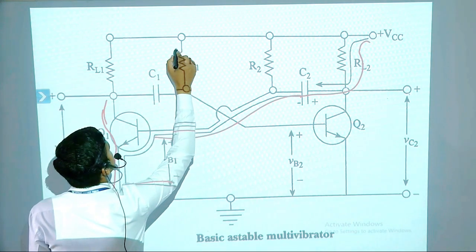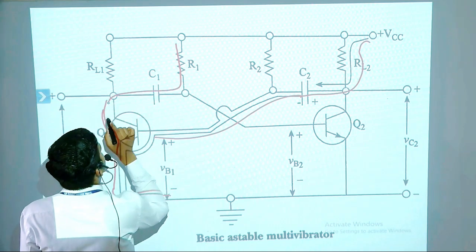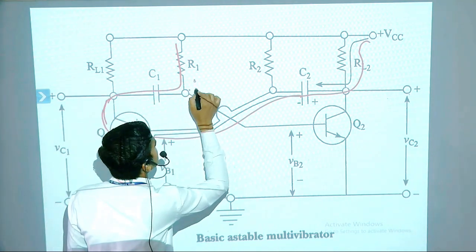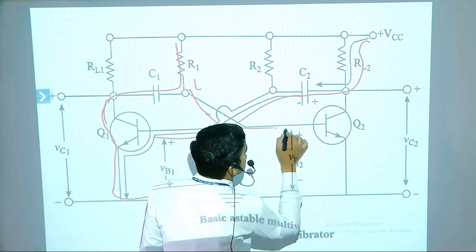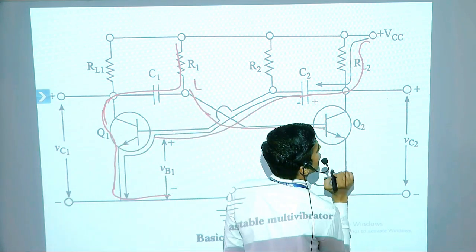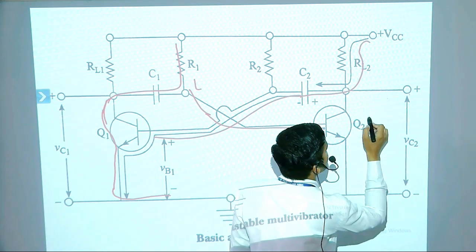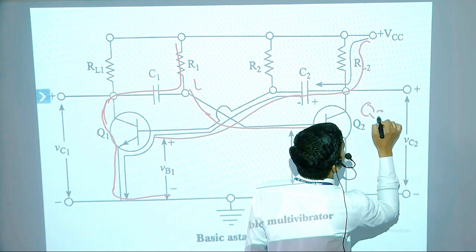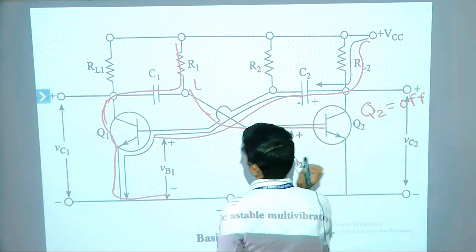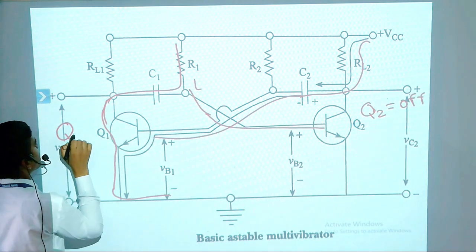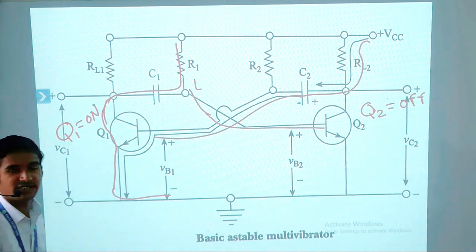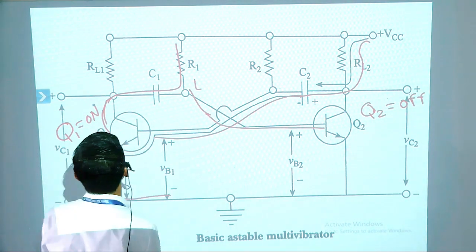Capacitor C1 is discharged through R1. Then the collector signal is low. This low signal goes to the base of transistor Q2, then transistor Q2 is off. The resultant collector signal VC2 is high. Q2 is off and transistor Q1 is on. This is the first condition.